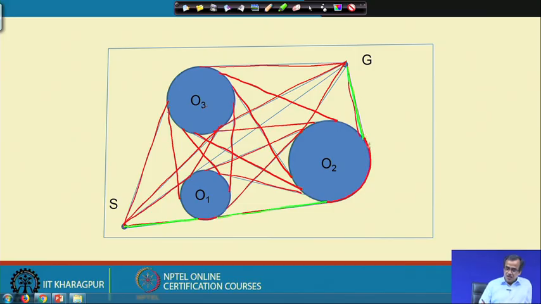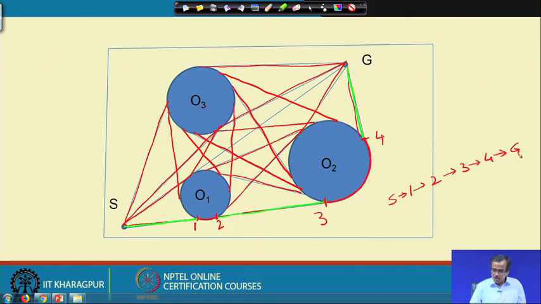Now, if I draw one circular arc here, another circular arc here, supposing that this is denoted by point 1, this is denoted by point 2, okay. This is denoted by point 3, this is denoted by point 4. So, the feasible path will be your S to 1, 1 to 2, 2 to 3, 3 to 4, 4 to G. So, this is one feasible path.